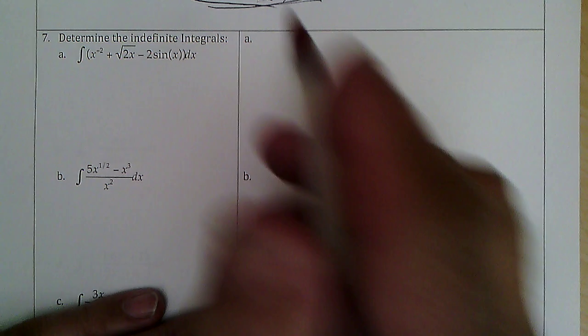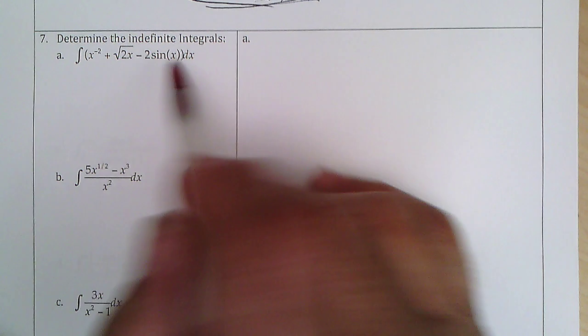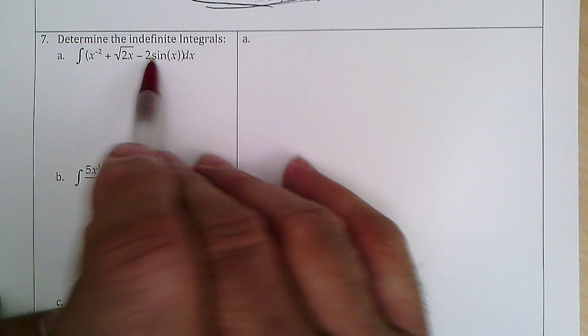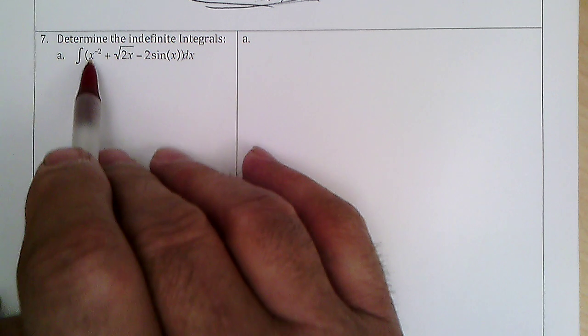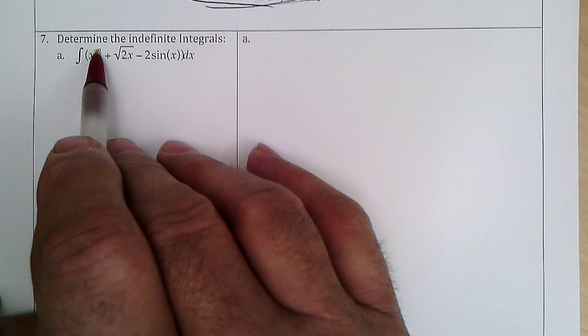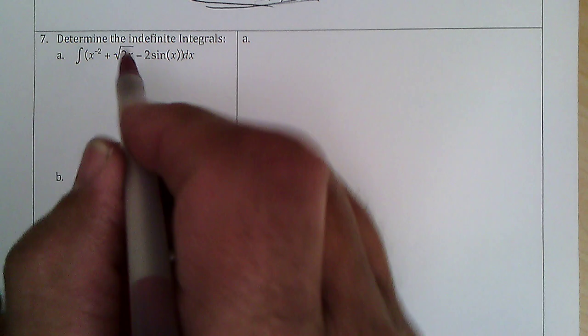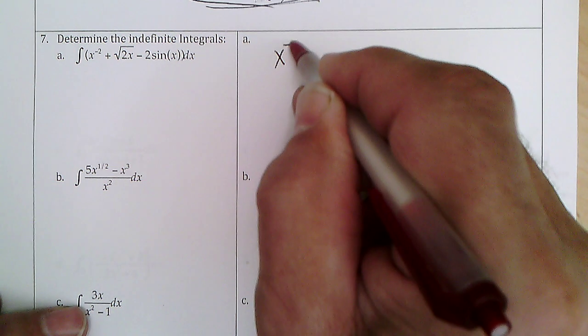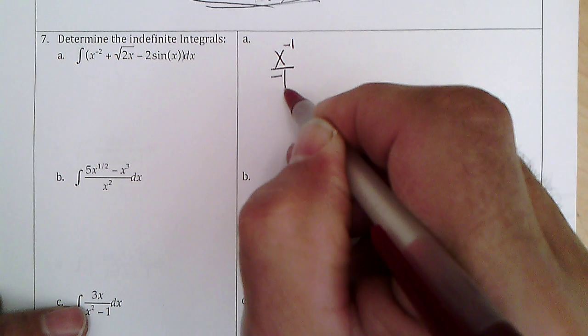Okay, 7. We're integrating this, and this is all separate problems. We could integrate each part separately. The integral of x to the minus 2, we can use the power rule. Add 1 to minus 2 would be x to the minus 1 divided by minus 1.